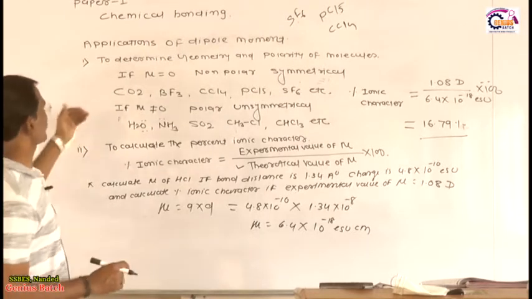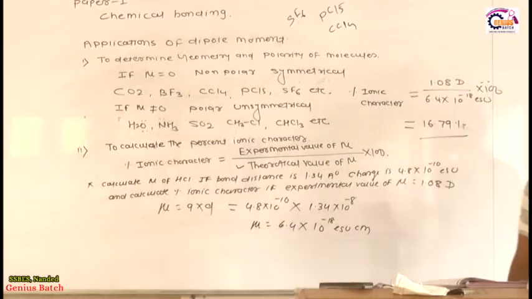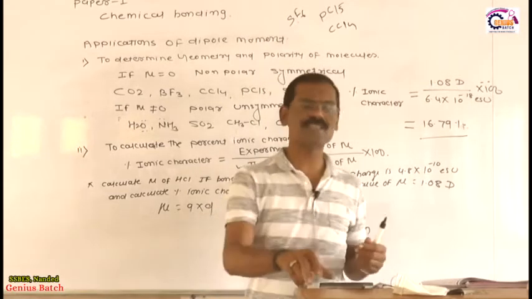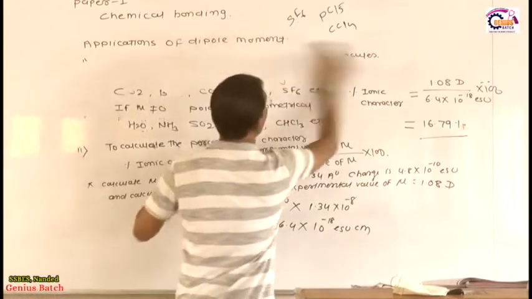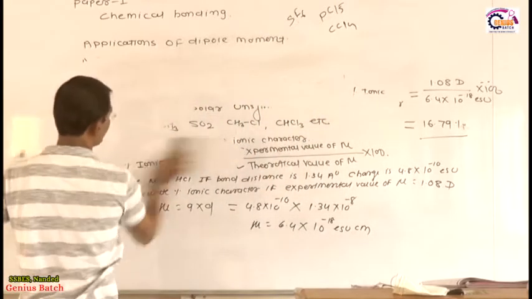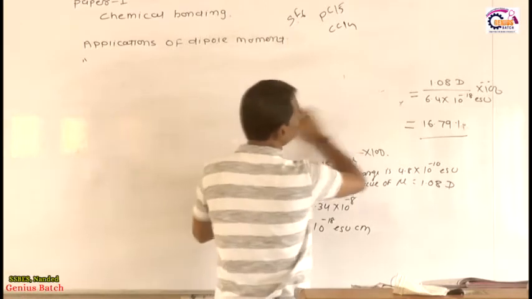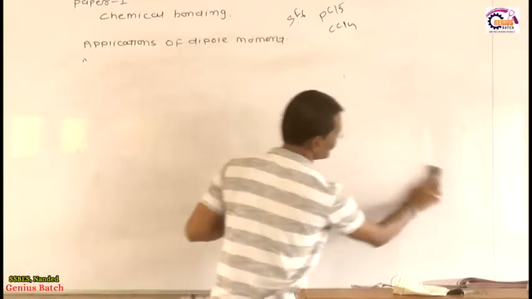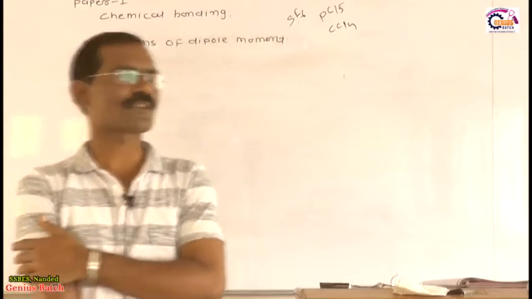Dear students, the first application was to determine the geometry and polarity of a molecule, the second was to calculate the percent ionic character. Now we are moving toward the next and very interesting application, to distinguish between cis and trans form of a molecule.